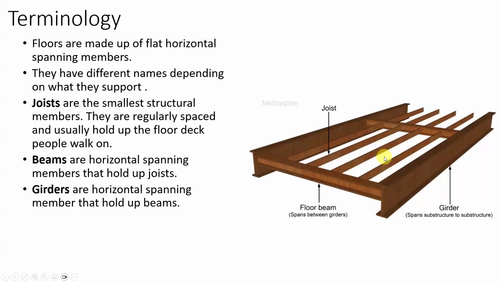So in this case, we've got floor joists spanning to beams, and then beams spanning between girders. The girders are the biggest ones that hold up beams. The floor joists get held up by beams. Technically you shouldn't call beams and girders interchangeable names, but I have been out on job sites and people talk about girders, but they're really just holding up joists, so they should just be beams.